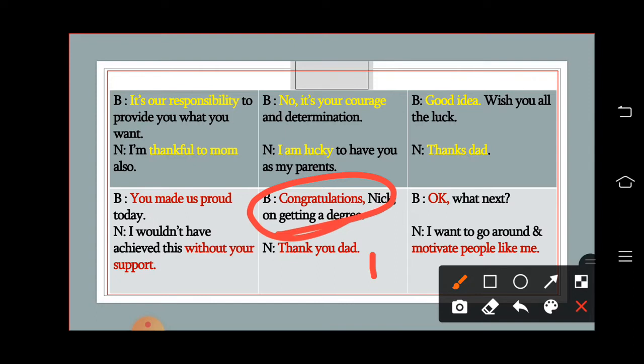Now let's see the last or the closing lines. Generally, the closing lines will have thanksgiving or phrases like goodbye or bye bye, etc. If you look at the other parts, we have thank you dad here and thanks dad here.